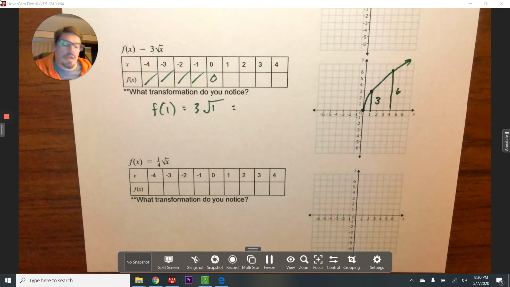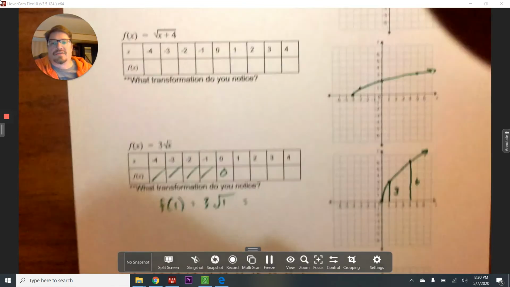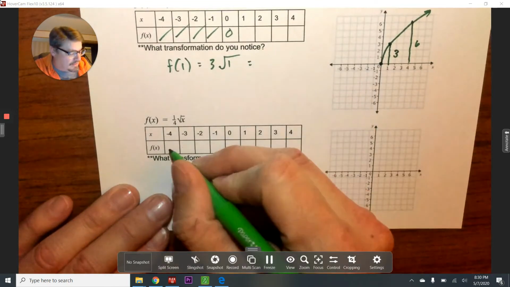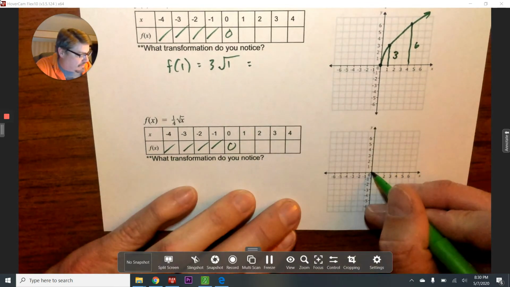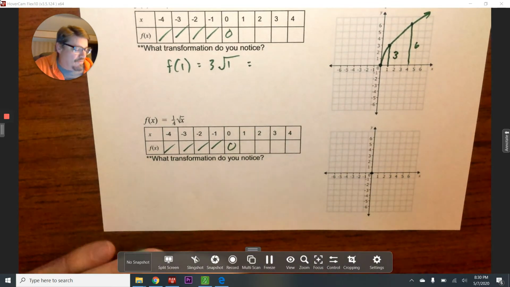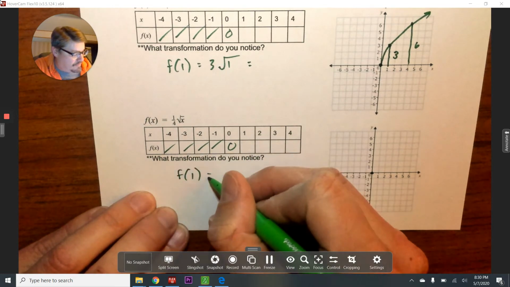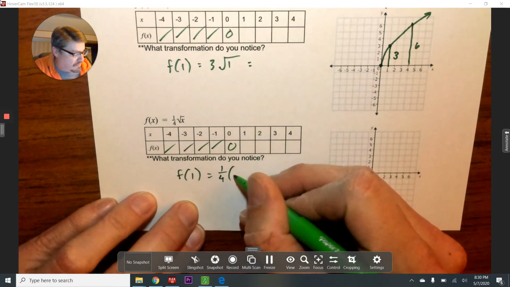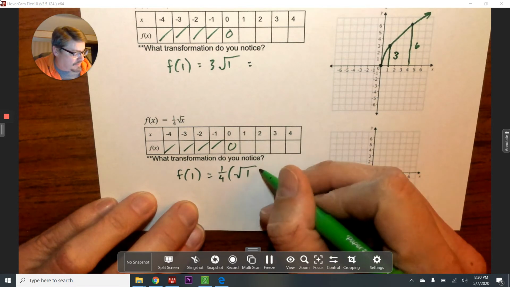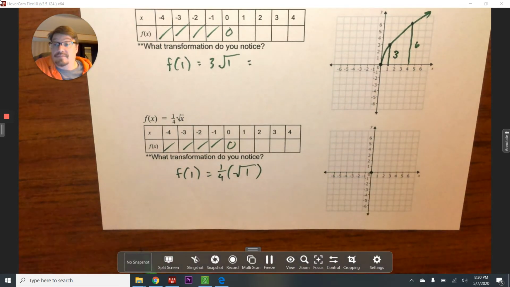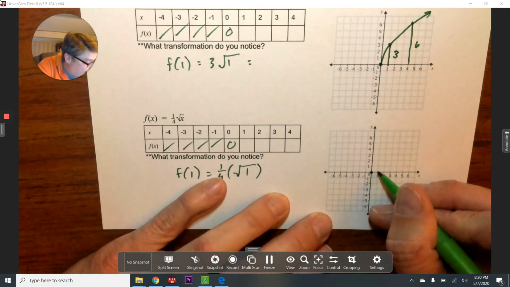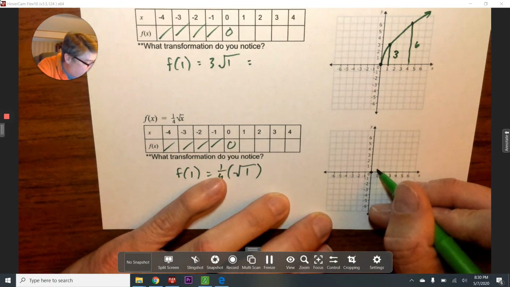All right, now you can probably imagine what happens when you have 1/4, and it's the same thing, no negative values, it's still 0, so I have 0. But now when I have 1, if I plugged in a 1, all right, square root of 1 is 1, times 1/4 is 1/4, so this goes very small, right there, a quarter.